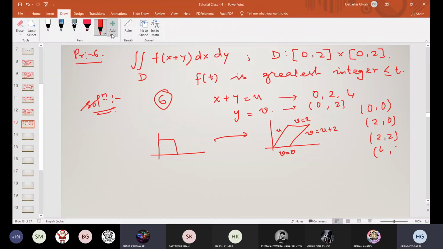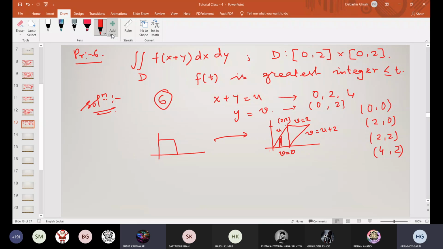Actually, I'm running out of time. These are the 4 points. Now you add these 2 portions, and integrate by considering v equals 0 to v equals u, and u has its range from 0 to 2.